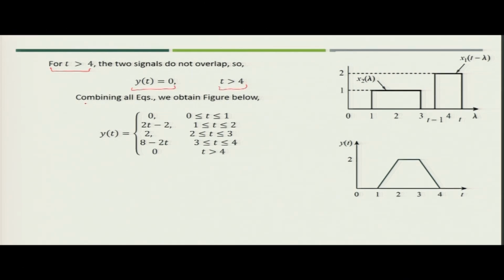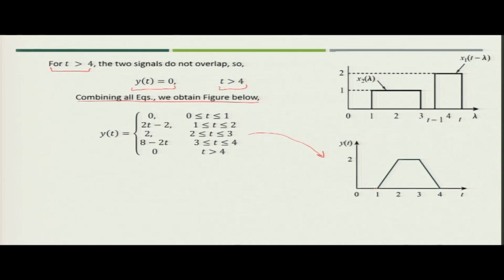Now, if you combine all the equations, we can say that the convolution of x1 and x2 is 0 for t between 0 to 1, 2t minus 2 for time t between 1 to 2, 2 for time between 2 to 3, 8 minus 2t for time t ranging between 3 to 4, and again 0 for t greater than 4. Now, if you plot, what you will get?